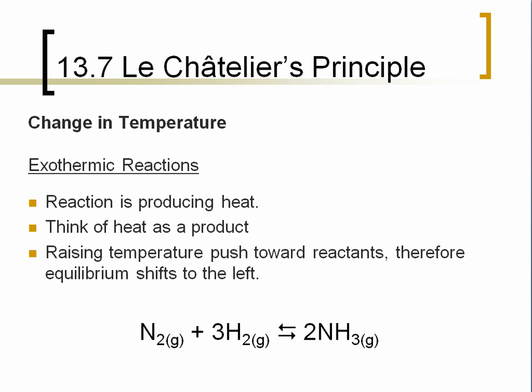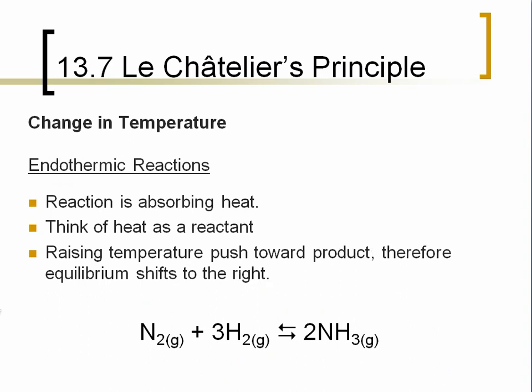The opposite holds when it's endothermic. So when it's endothermic, I'm going to write the word heat on the left side, because now the reaction is absorbing heat from the system. Let's put this in a box. If I raise the temperature of the system in an endothermic reaction, my equilibrium will shift to the right to compensate.